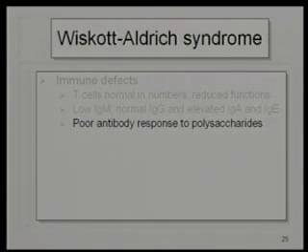You will learn later on, and from the immunization lecture, you should remember that the vaccine there is polysaccharide, okay? So they will respond very poorly to the pneumococcal vaccine, and they will be susceptible to pneumonia, yes.